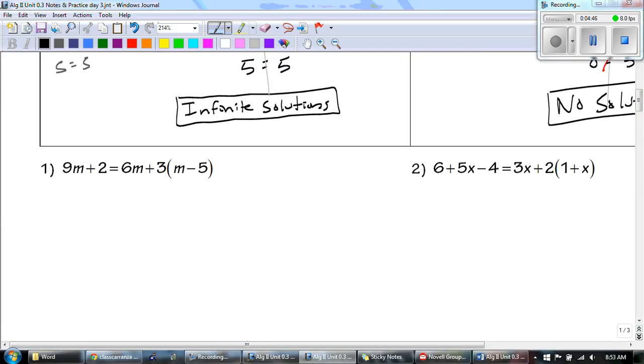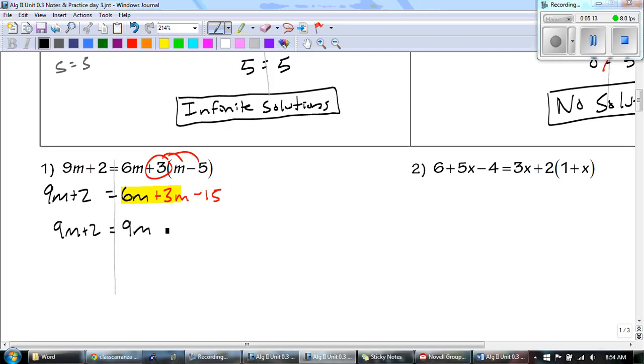So number 1. On the left-hand side, we don't have anything to do yet. But on the right side, I need to distribute, okay? So we are doing multiple steps here. So we get 3m minus 15. Combine your like terms. 6 plus 3 is 9m.